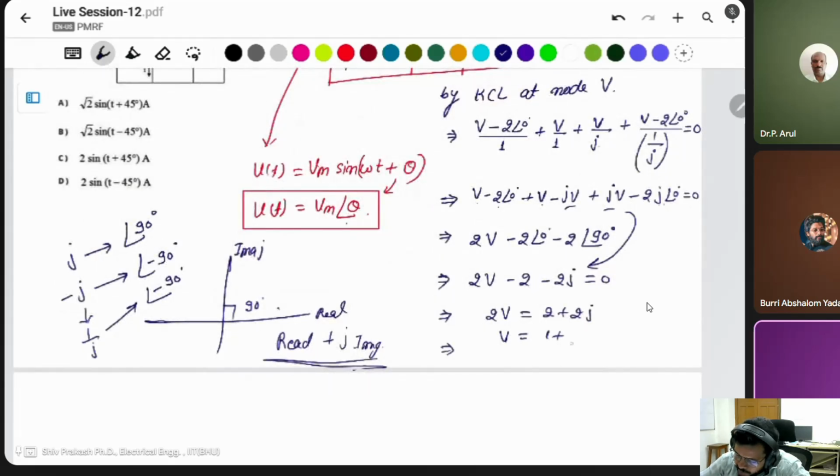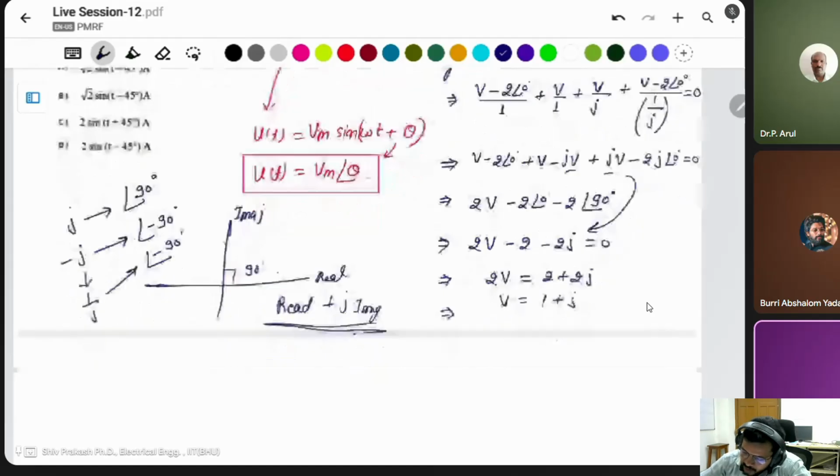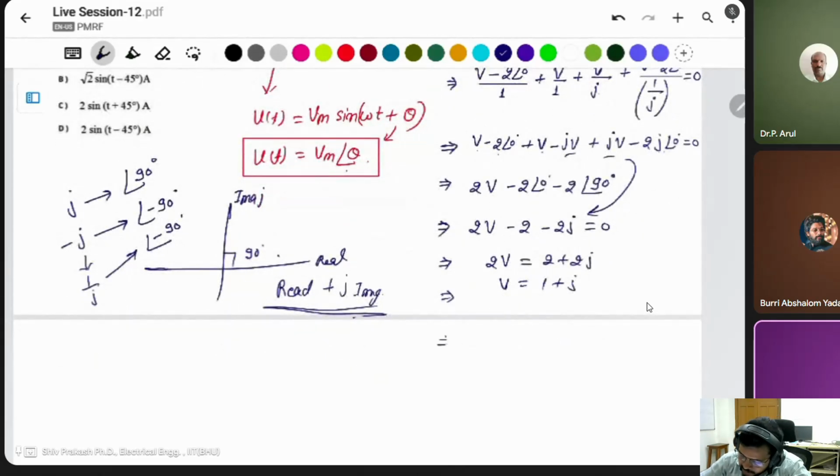This will be 1 plus j. How can you write 1 plus j? Magnitude of this one is root of 1 square plus 1 square. Angle is tan inverse of imaginary part 1 over real part 1. This will be root 2 at angle of 45 degrees.